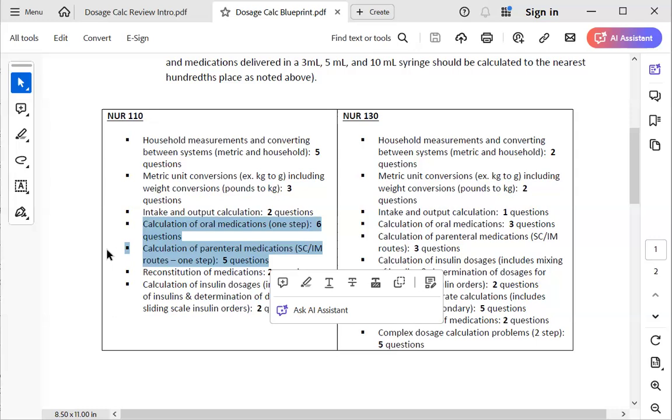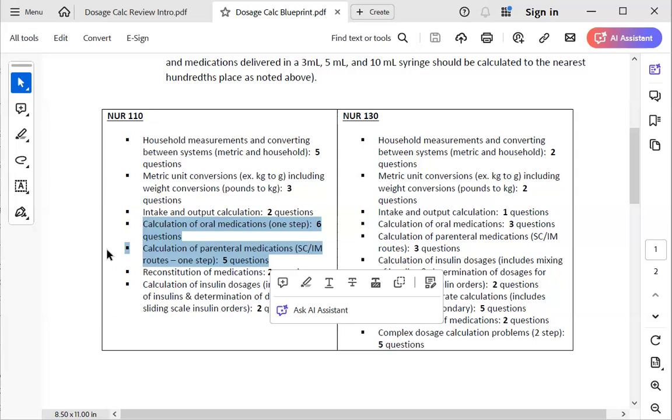You don't even need strong math backing to realize, okay, if 500 is the order and 250 is available, I'm going to give them 2, and you would be correct in saying 2 per dose.